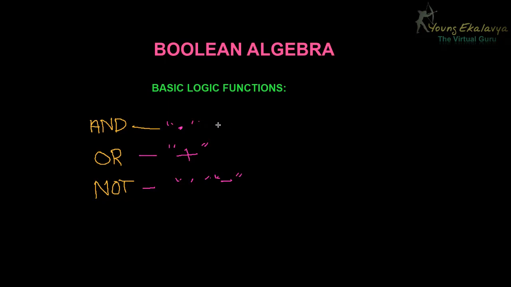So we can see an example. For example, when we say A and B, it is represented like this. When we say A or B, we write like this.